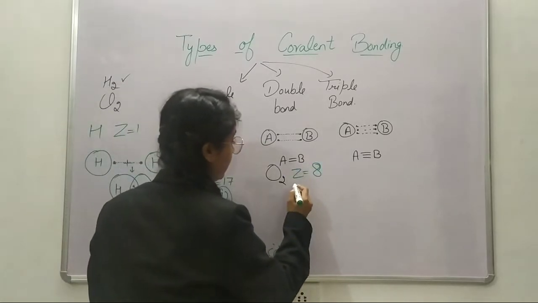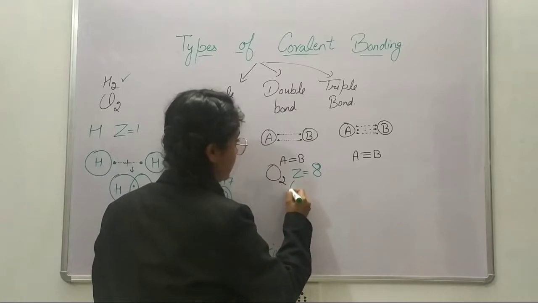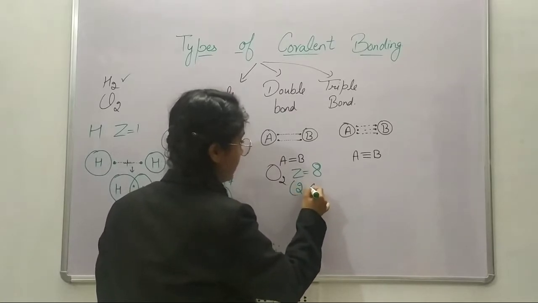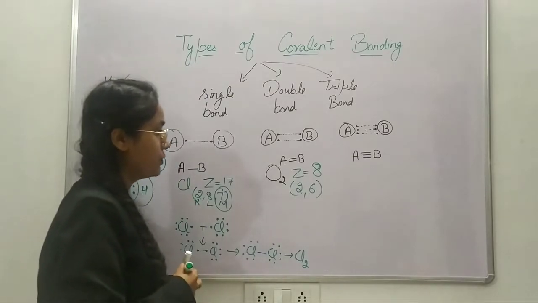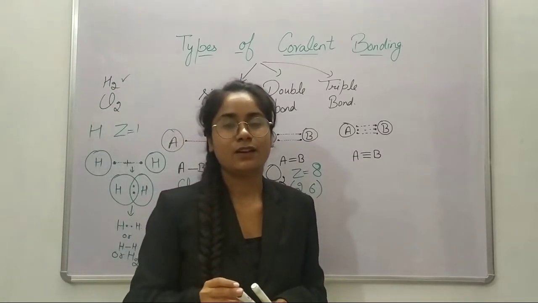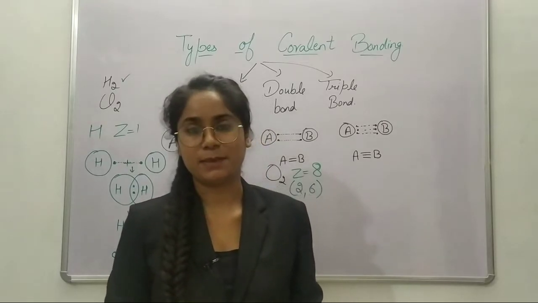The electronic configuration of oxygen is 2, 6. It only needs 2 electrons to complete its octet or to attain stability.